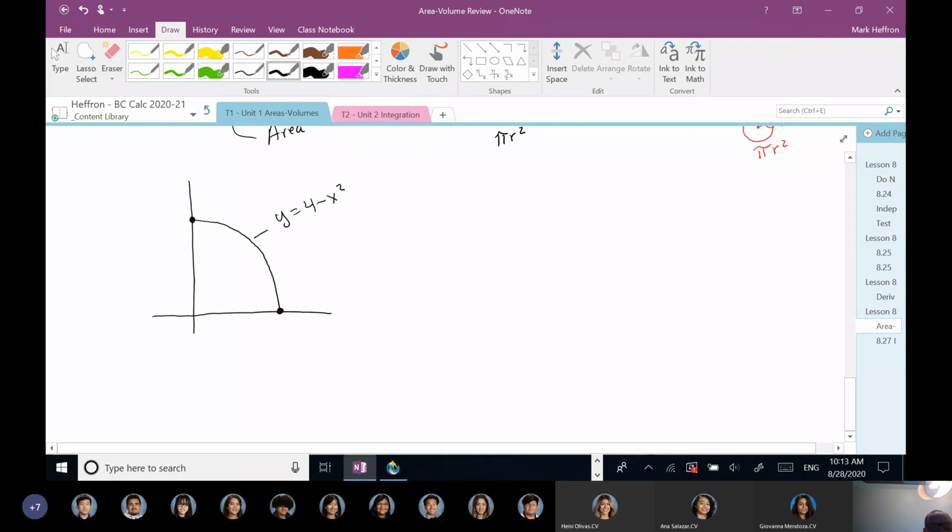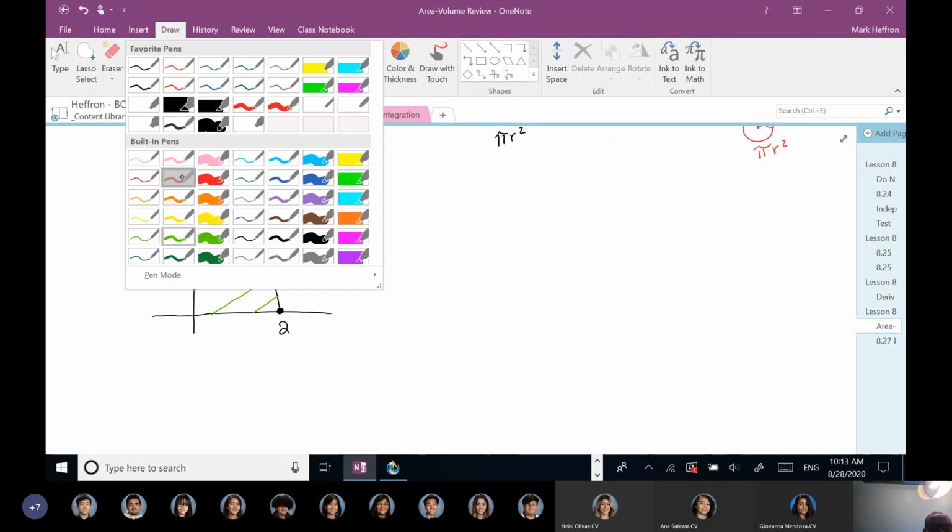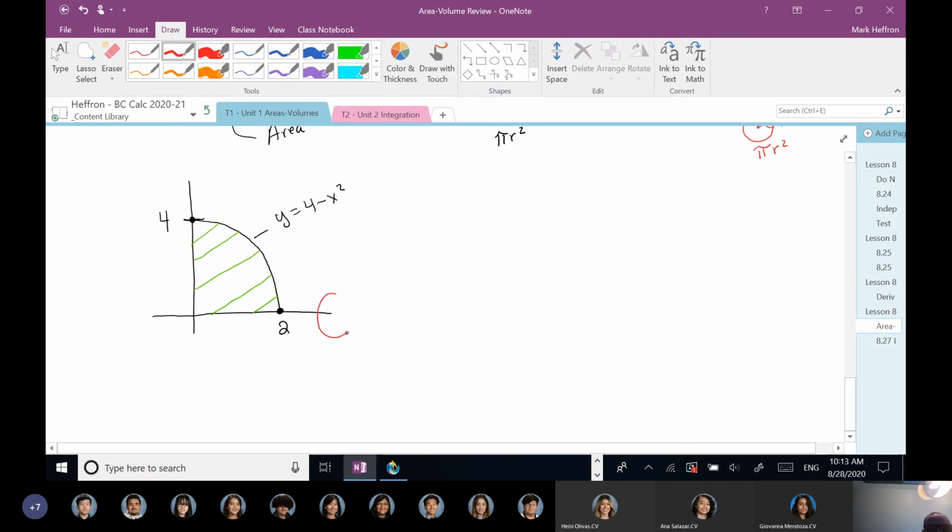So it's going to meet the x-axis at 2 and the y-axis at 4. This is my region, and I'm going to revolve this around the x-axis.